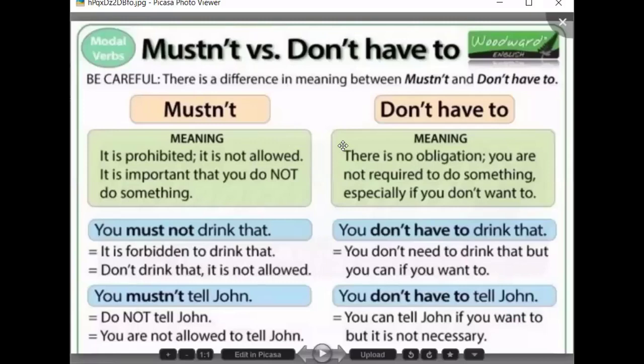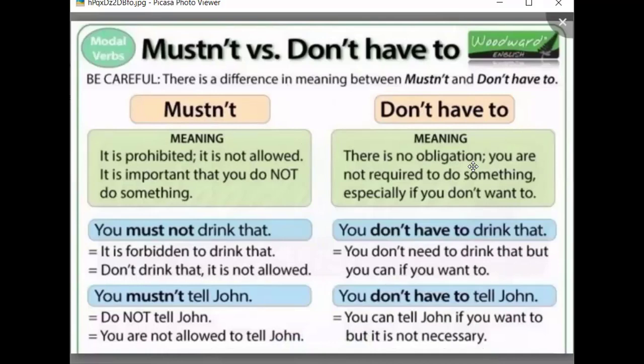Meaning if I want to explain, I can explain, but since it's so self-explanatory, then I think I mustn't. Okay, so remember that these are some of the differences when you are using mustn't and don't have to.